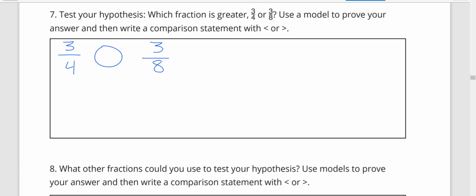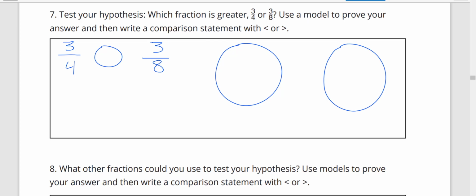In the first model, divide the circle into four equal parts like this and shade three parts because the numerator is 3.